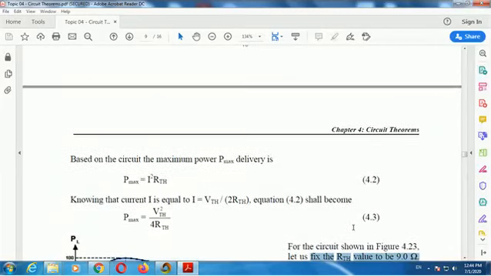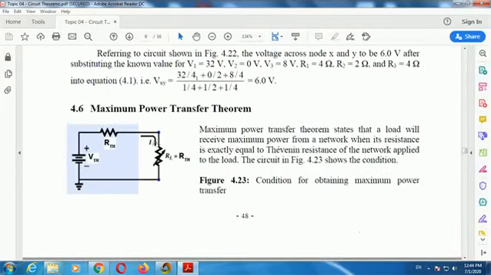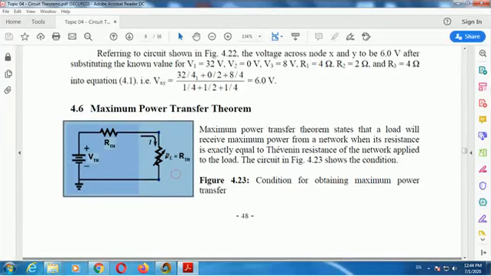RL changes value from 0 to 30, while RTH is fixed at 9, and we measure the power. The power will be maximum when RL becomes equal to 9 ohm.